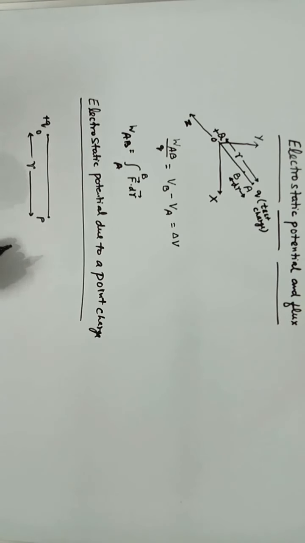According to the definition of the electrostatic potential, we have to bring a unit positive charge from infinity to that point. So it is impossible to move to the infinity. So we consider from the point P up to infinity, this distance is divided into infinite number of parts, and the length of one part is dx. This is the point B. This is the point A.